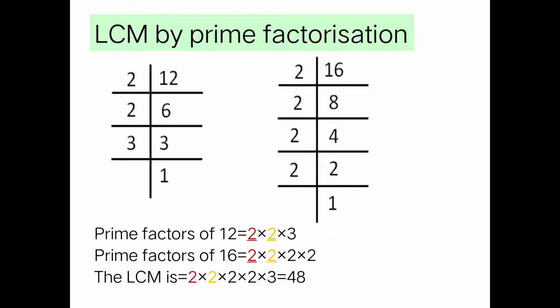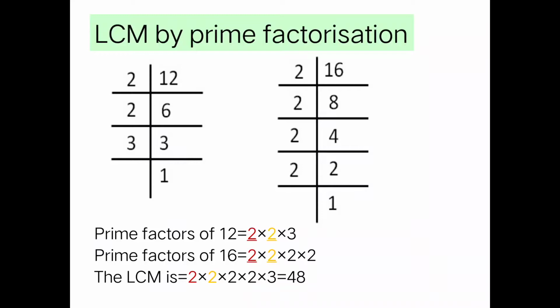Next we are going to learn the topic LCM by prime factorization. Here we have two numbers, which are 12 and 16. For 12, first you have to check with the smallest prime number. In the 2 table, 12 goes 6 times. Again you have to check with 6. 6 goes in the 2 table 3 times, and this 3 is a prime number. 3 goes in the 3 table 1 time.